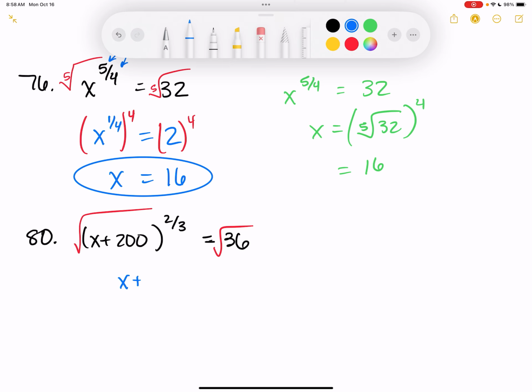So x plus 200 raised to the 1/3 is equal to 6. Now, not that I'm still expecting you to know what this is, but it might be a little easier. So now I need to cube both sides.